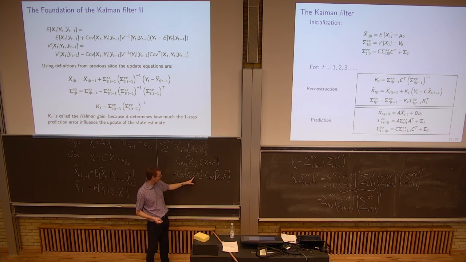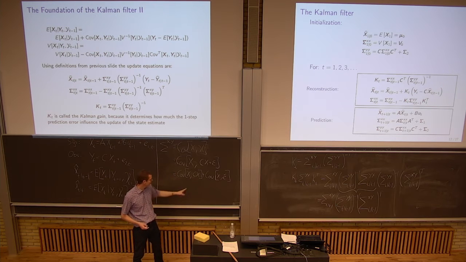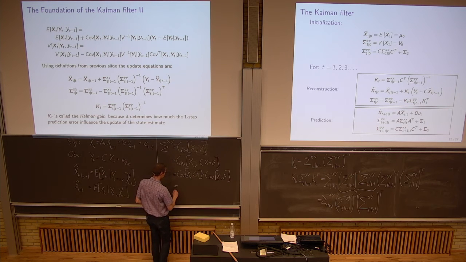We have c times something here on the second element. I can take this coefficient and move it outside. When you calculate the covariance here, it's x times this transpose, which means that c comes out transpose on the right-hand side.